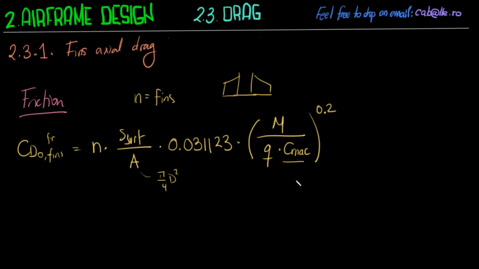So the mean aerodynamic chord, well, we won't have space if we put this arrow like this. I'm just going to write it here. The mean aerodynamic chord for this is only valid for trapezoidal fins.